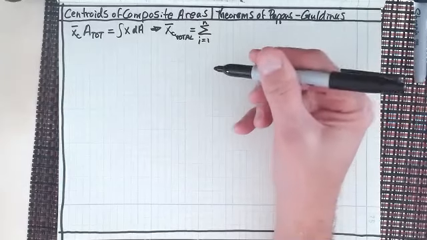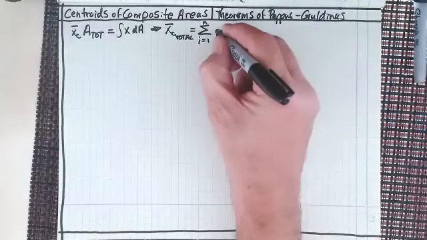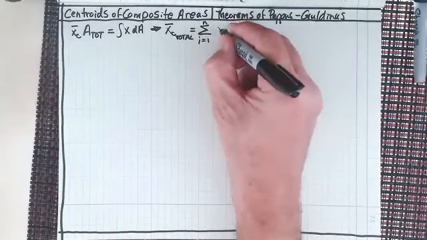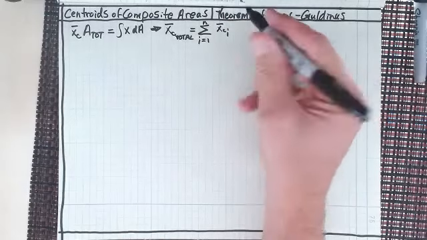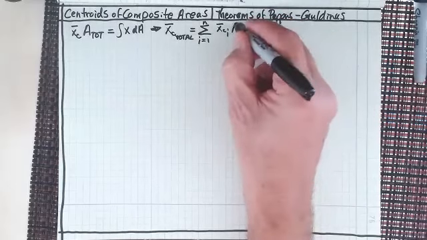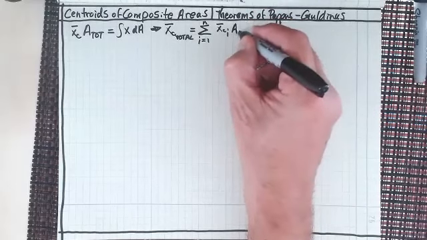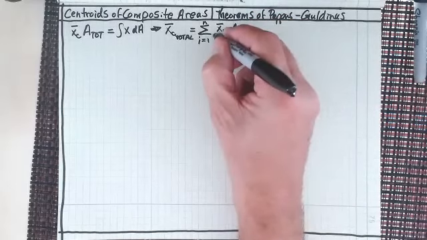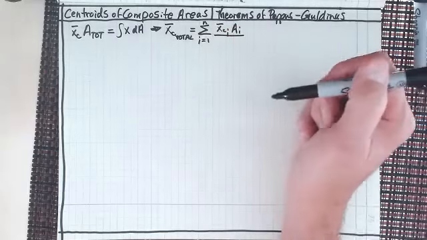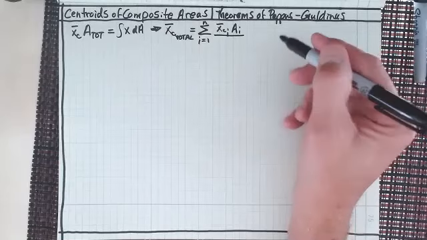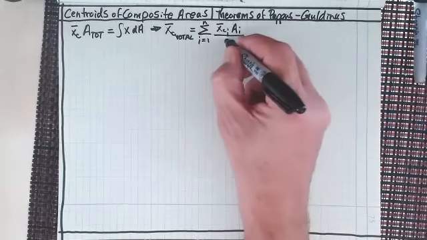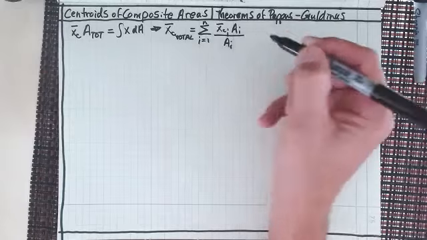I'm not going to write that all the time, but I will sometimes. So that would be x sub c i times the individual area of that cross-sectional area, divided by the sum of A i all the way up.